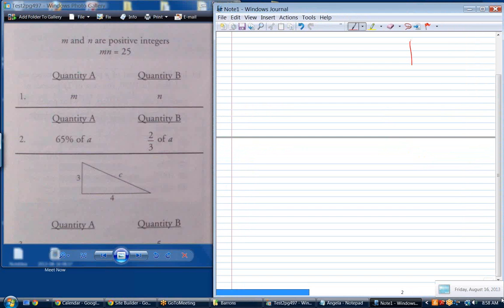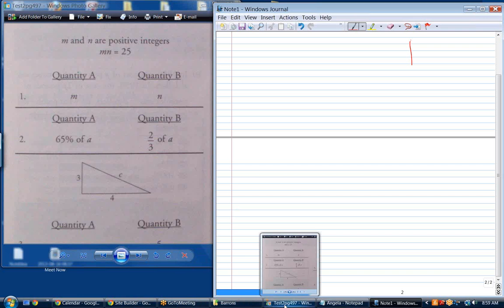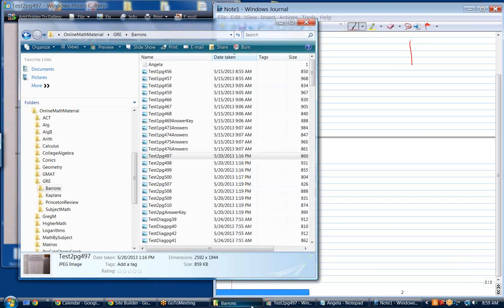Okay. Okay, and on the first one, it can't be determined. Okay. Let me see. I no longer have this book. And let's see what I have.